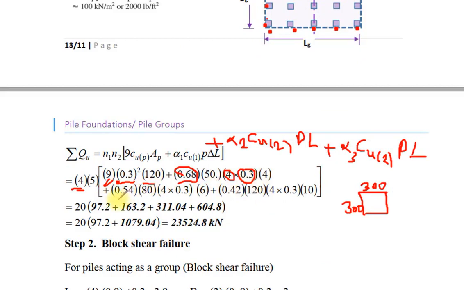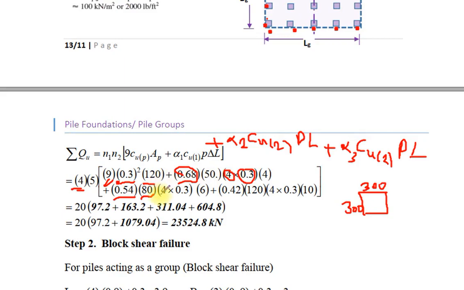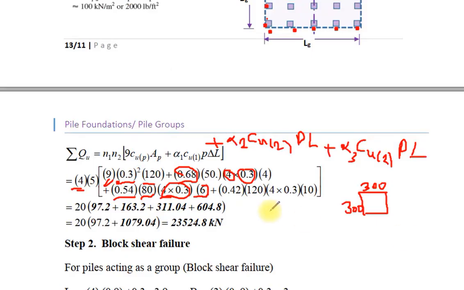For the second layer, alpha 2 equal to 0.54 multiplied by the end-to-end cohesion for the second layer. For the second layer, end-to-end cohesion equal to 80 multiplied by 4 multiplied by 3, the parameter, multiplied by the thickness of the layer. Thickness of the second layer equal to 6.